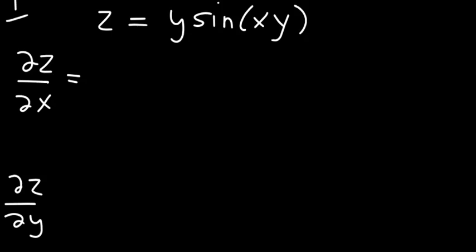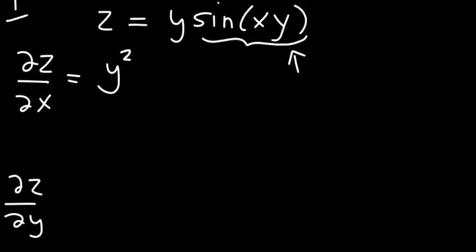Remember, when you calculate the partial derivative of z with respect to x, you have to assume y is a constant, or y remains a constant. So that means y just follows, that is this y, and when you differentiate sine with respect to x, you get cosine, but remember there is a y that's a constant there.